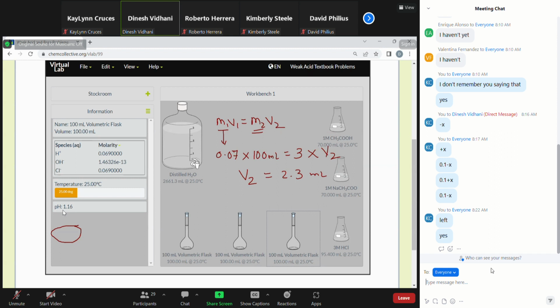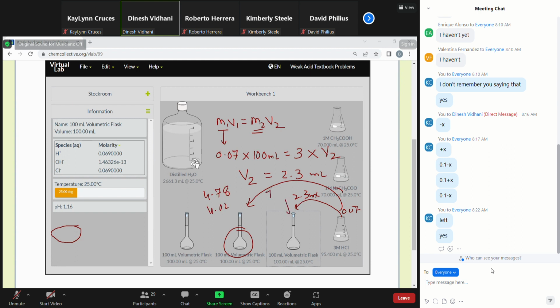You can see the big difference. See, I added the same amount in here, 2.3 milliliters, which is 0.07 molar. I added the same amount over here and look at the pH. So here pH went from 4.78 to 4.02.